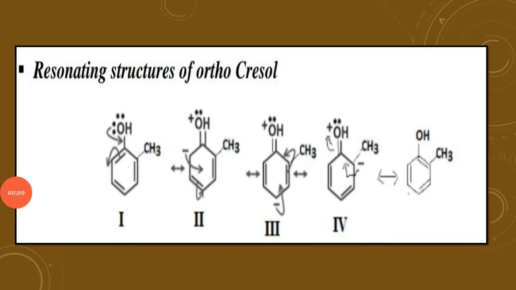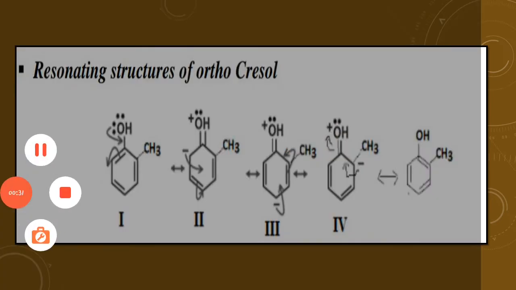All these are the resonating structures of ortho-cresol. Ortho-cresol is less acidic than meta and para-cresol. Why? Because the methyl group attached to the phenol in cresol is very near to the anion formed after the removal of the hydrogen from the hydroxyl group, and this destabilizes the structure.